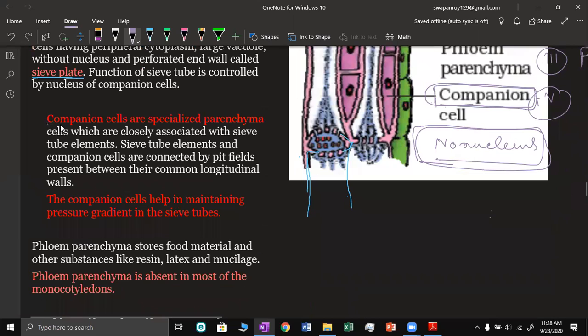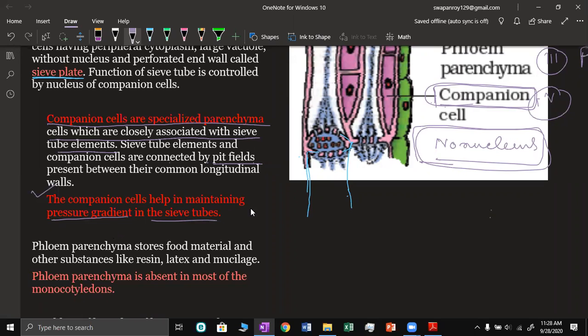So the companion cells are specialized parenchyma cells closely associated with sieve tube elements. Sieve tube elements and companion cells are connected by pit fields, meaning there is a plasmodesmata connection between these two cells. The pit field is present in the common longitudinal wall. Companion cells help in maintaining the pressure gradient in the sieve tube.